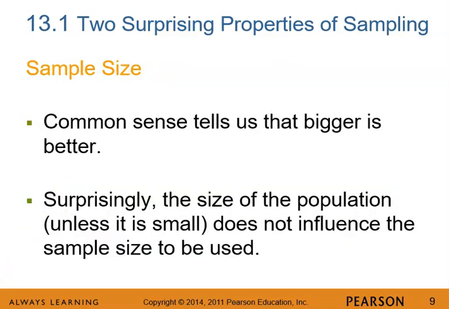All right. Another thing that I've said before, but it's important to remember: you might think that a larger sample is better, but that is not necessarily true. The size of the population does not really influence the sample size that we want to use.